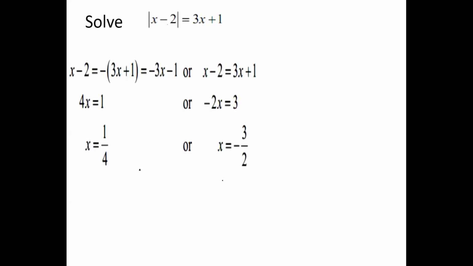I don't think I did it both ways. Let me see. Yeah. So you just take what's in the modulus sign there, x minus 2, and put it equal to the minus of this. That's what you see here. If you remove the bracket, you'll get this.